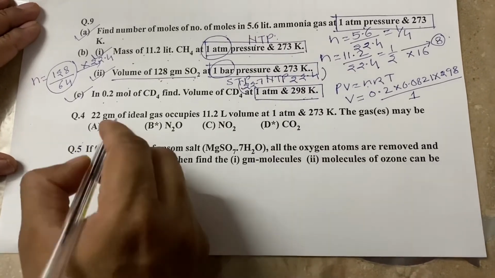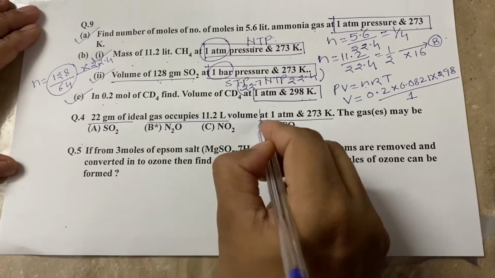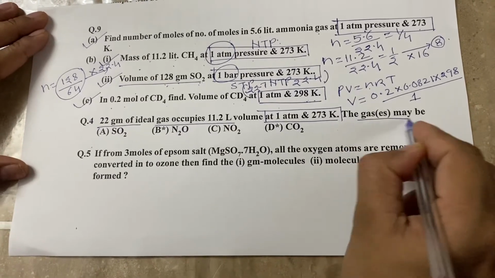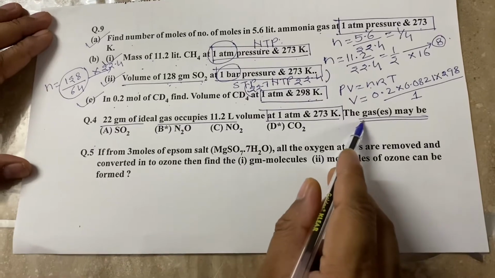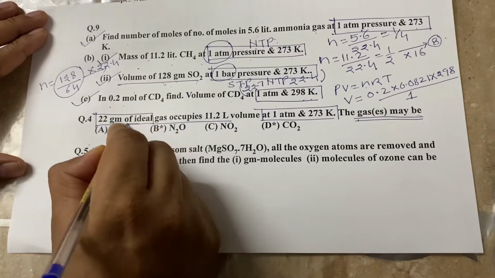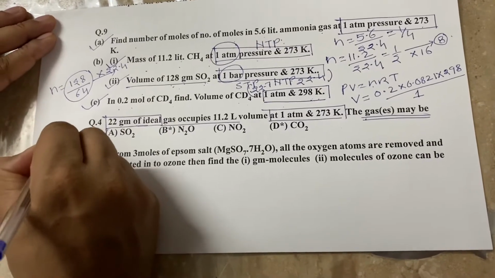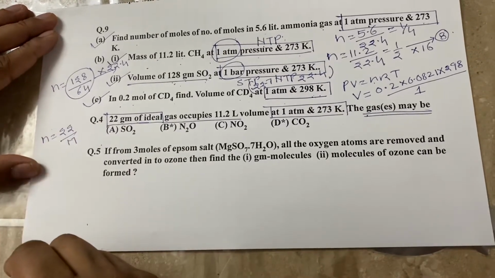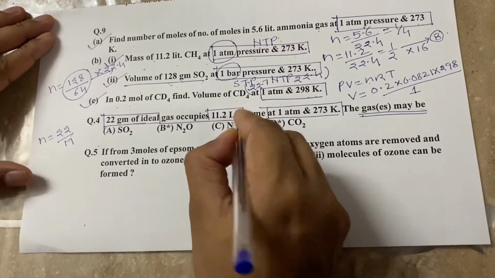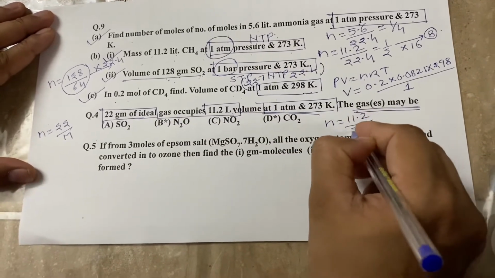Next question is given that 22 gram of ideal gas occupies 11.2 liter at 1 atm and 273 Kelvin. So obviously the NTP condition is given. Now we want to find the possible gases. So definitely to find the gases we must calculate the molar mass. So we can form two equations. First, we can use the data of 22 gram of ideal gas. We can find the number of moles, that will be 22 upon capital M, which is the molecular mass. Now we can take 11.2 liter, so we can frame the second equation from this data, which is 11.2 divided by 22.4.